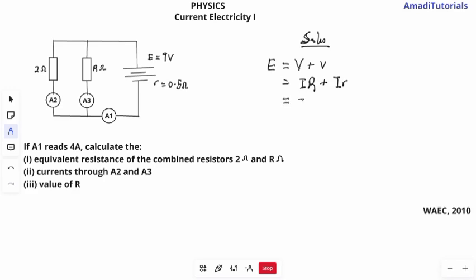So you factor out the current, which is the common factor, big R plus small r, and that will give you E, the electromotive force.